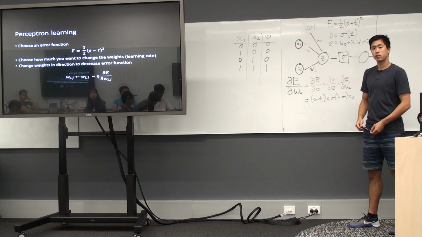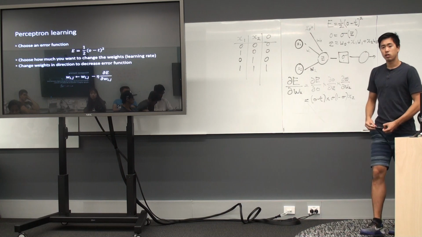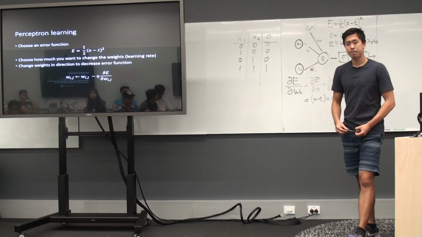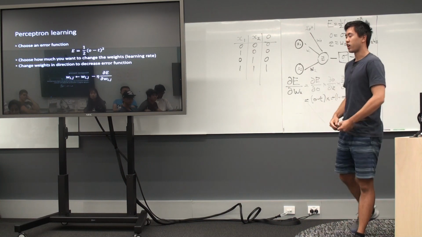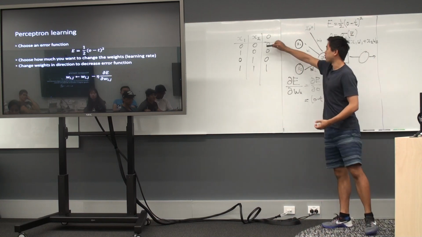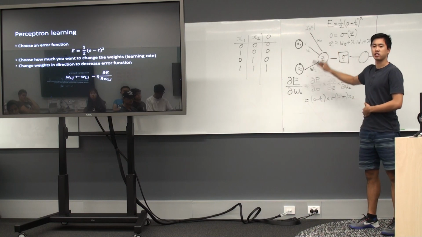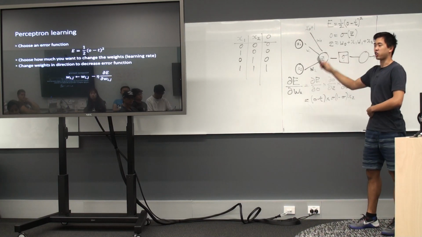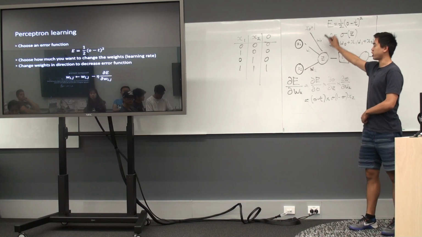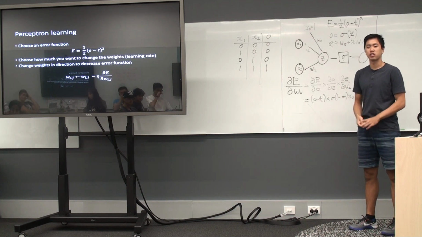If you're doing multiple, do you do them simultaneously? Yeah, with each iteration I go through this, figure out how I want to change each of those weights, and change all of them. Then I go to the next example and change all of them again, and repeat this process.